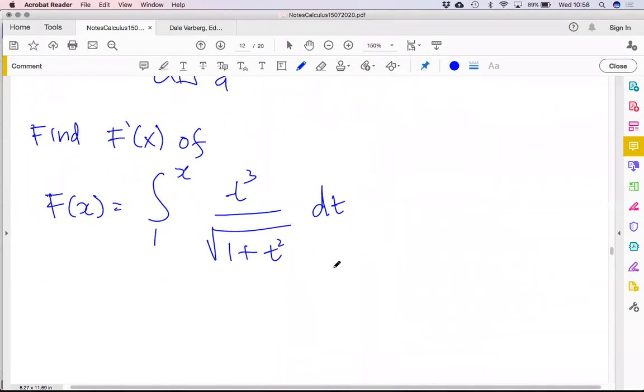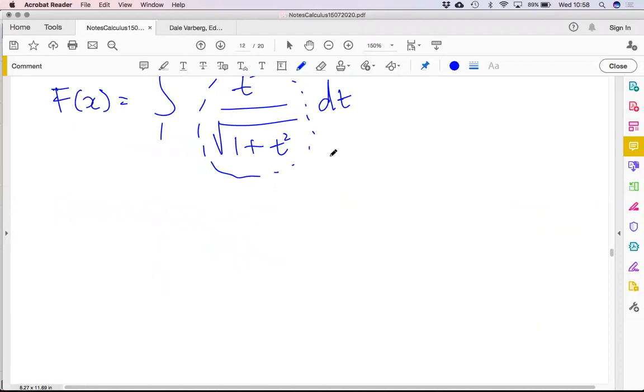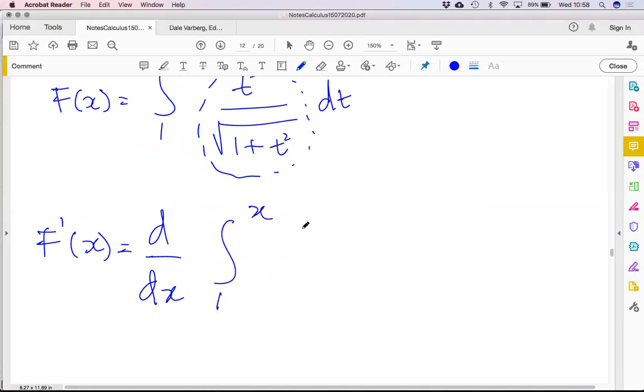Basically this is our function f(t). Then if we want to take the derivative f prime x, or d/dx of the integral, this is the integral from 1 until x of t cubed over 1 plus t squared dt.